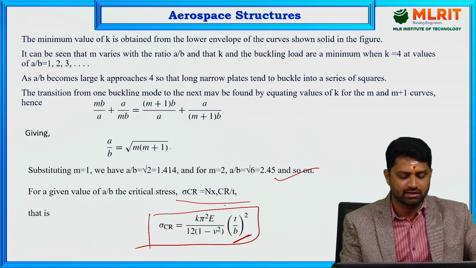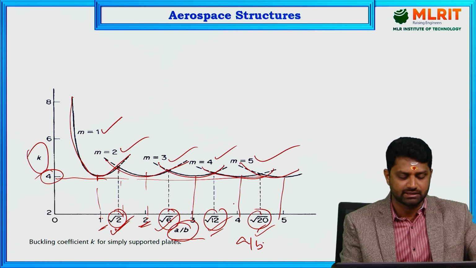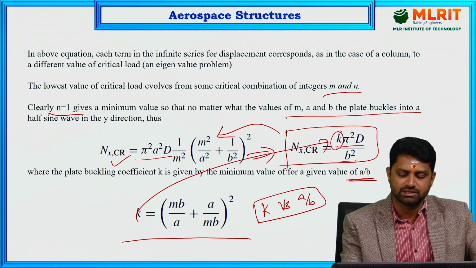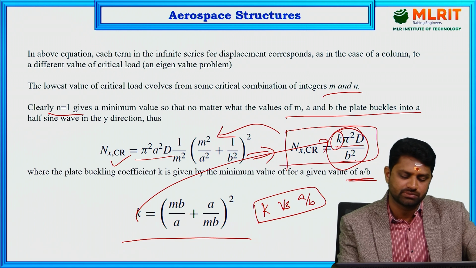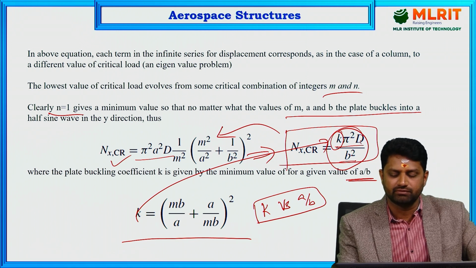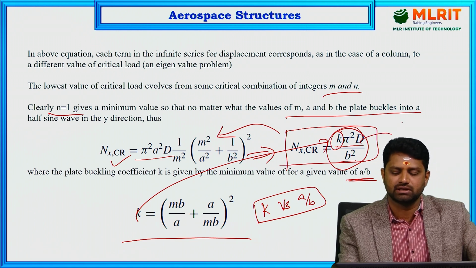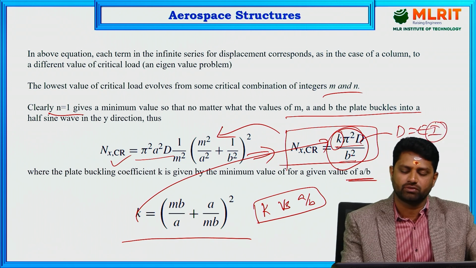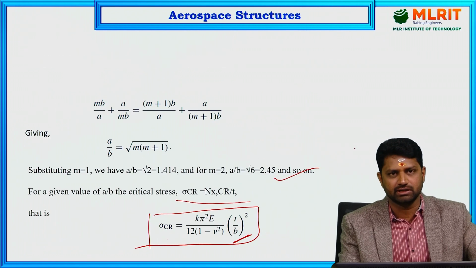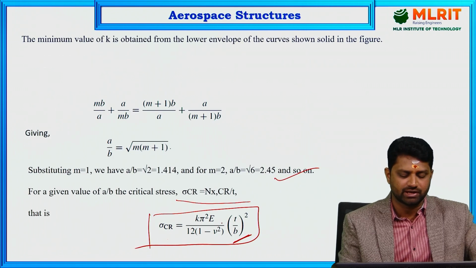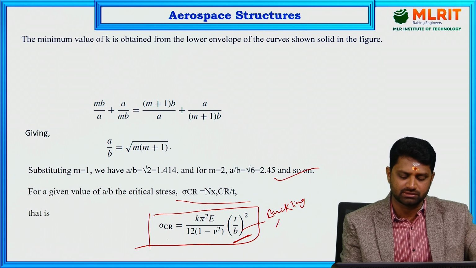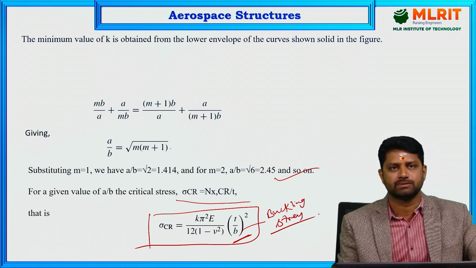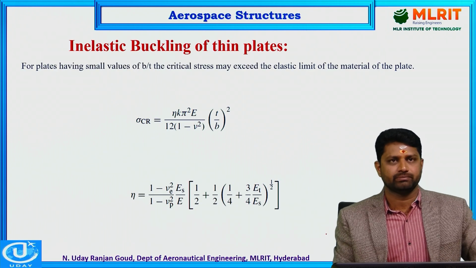The Nx critical formula we have seen in the previous slide, that is Nx critical equals K pi square D by B square, and you can substitute for K, and for D, which is nothing but the flexural rigidity, the product of E and I. You can substitute the moment of inertia of the plate, and when you substitute all these things, you get the critical stress, that is K pi square E divided by 12 into (1 minus nu square) into (T by B) whole square. This is also called the buckling stress, critical stress, or the crippling stress. Okay, so this is the buckling load.